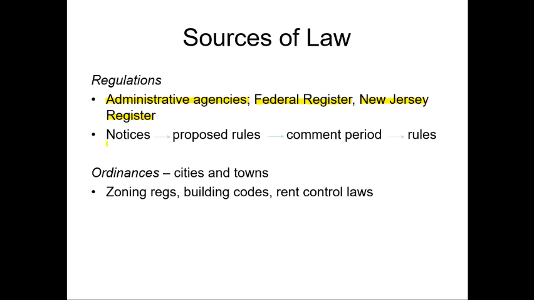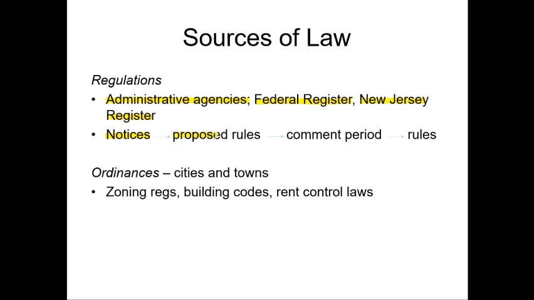It goes through a long process in order to get a rule or a regulation approved by government. You start off with the notices. We have meetings coming up. We have an announcement as far as some situation that needs to be addressed.